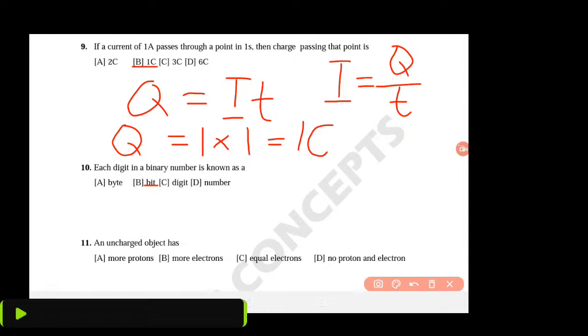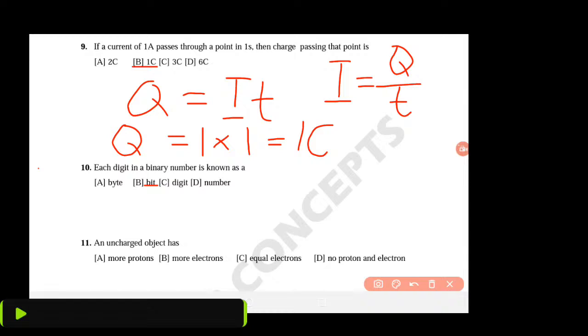That is when we say the atom has gained electrons and it becomes an ion. When an atom loses electrons, it becomes positively charged, and when it gains electrons, it becomes negatively charged. But an uncharged body has equal numbers of protons and electrons.